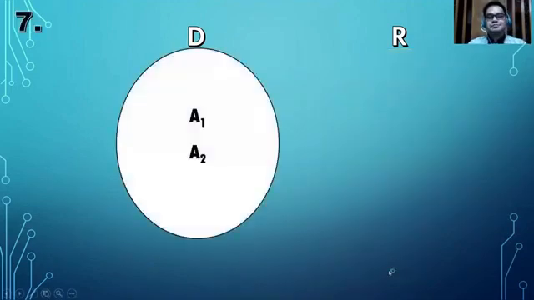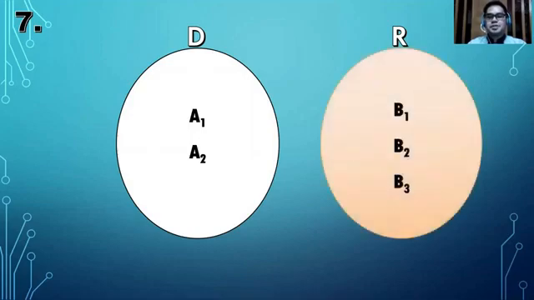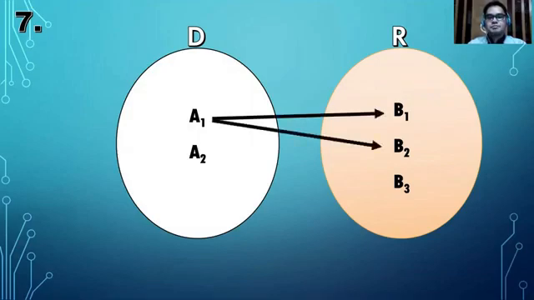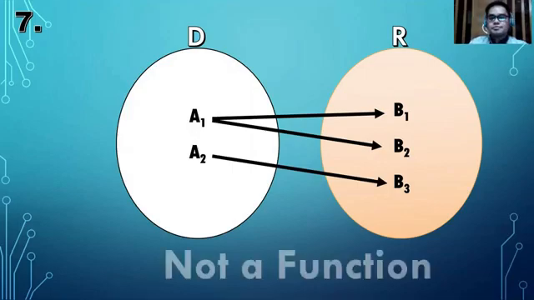For number 7, a sub 1 and a sub 2 are the elements of our set D. B sub 1, b sub 2, and b sub 3 are the elements of set R. Is this a function or not a function? Okay, not a function.